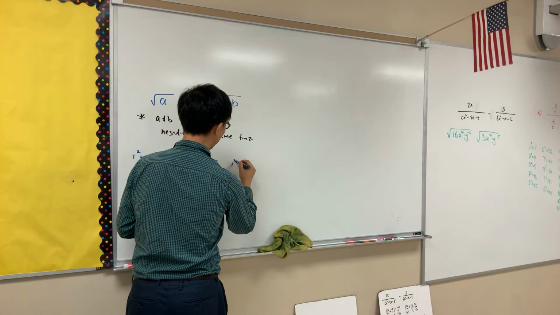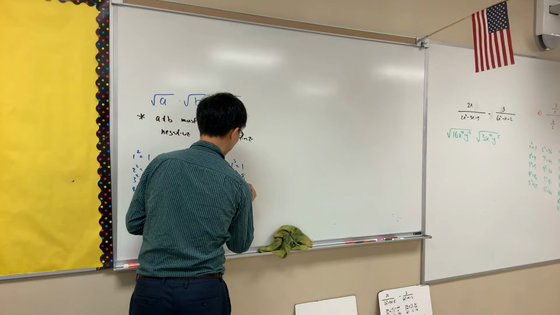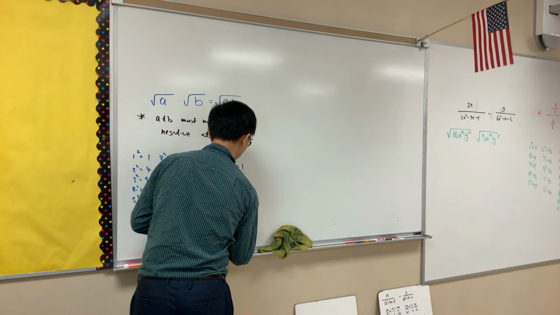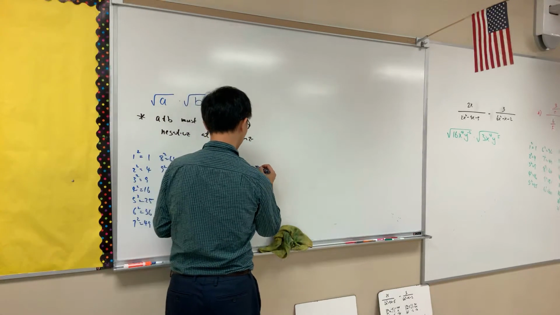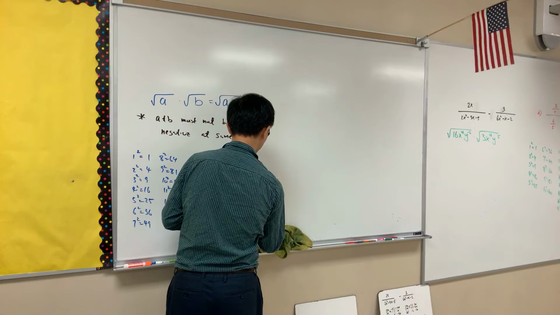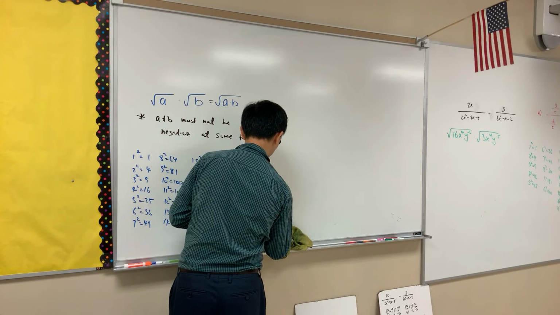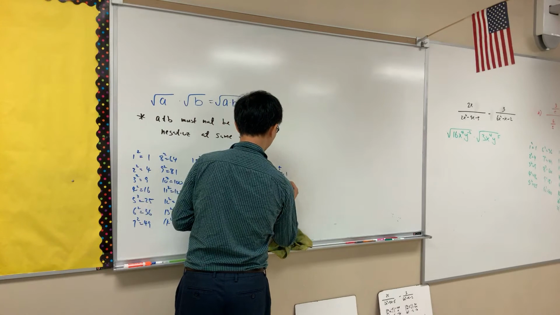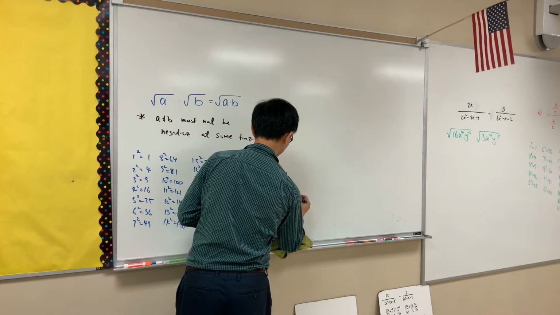So also know the cubes: 1 cubed is equal to 1, 2 cubed is 8, 3 cubed is 27, 4 cubed is 64, 5 cubed is 125, and 6 cubed is not important. 1 to the 4th power is 1, 2 to the 4th power is 16, 3 to the 4th power is 81, 4 to the 4th power is 256, 5 to the 4th power is 625, and 1 to the 5th power is 1, 2 to the 5th power is 32, 3 to the 5th power is 243, I think.